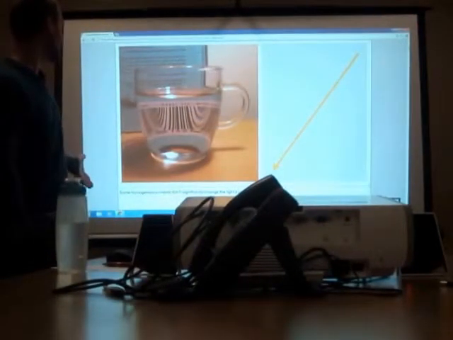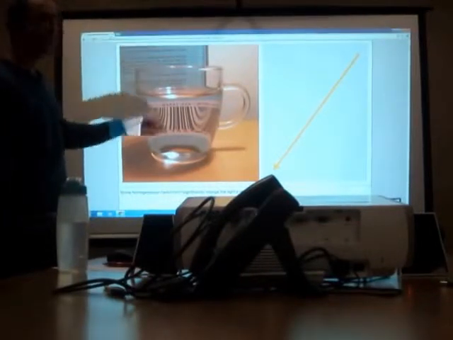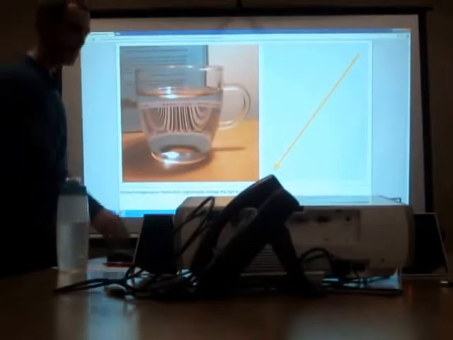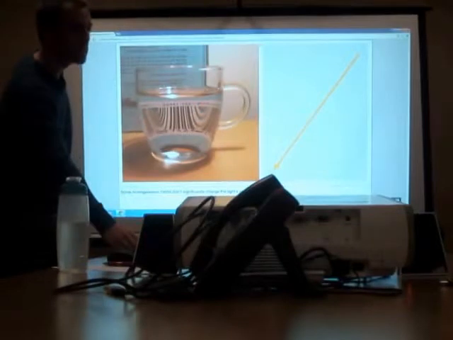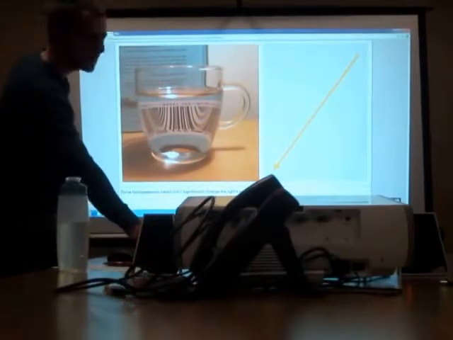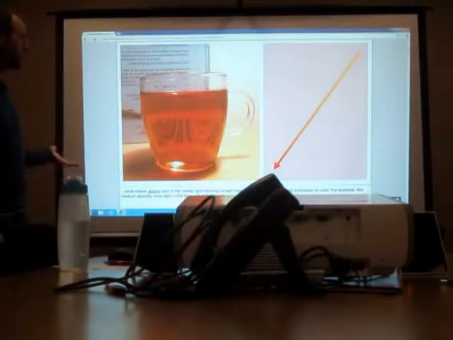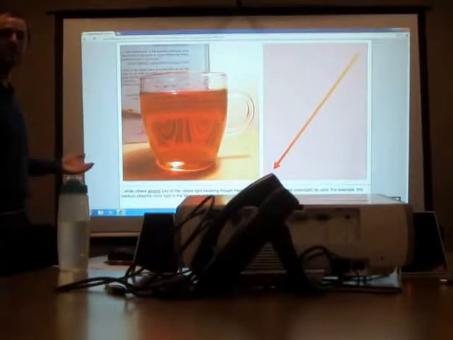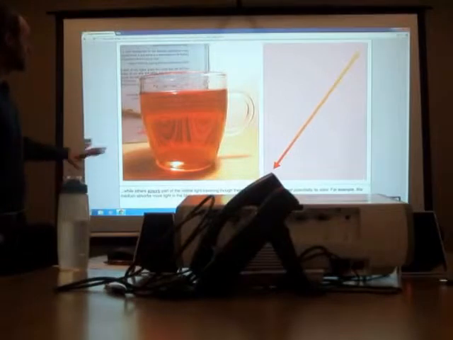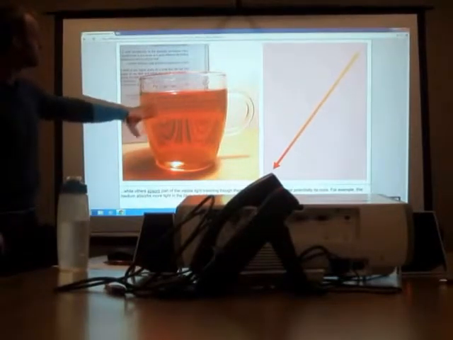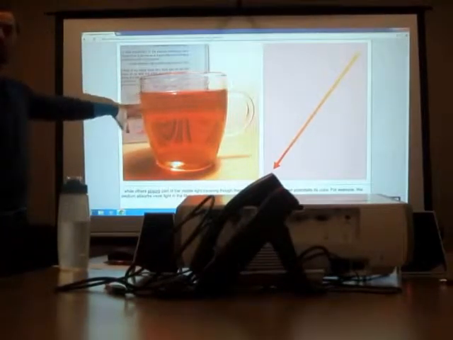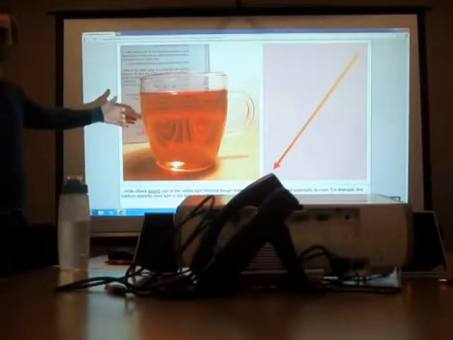Some homogeneous media don't significantly change the color of that light ray, like this clear glass of water, whereas others absorb part of the light that's passing through it. So like this liquid right here absorbs the blue, which is why it looks red.